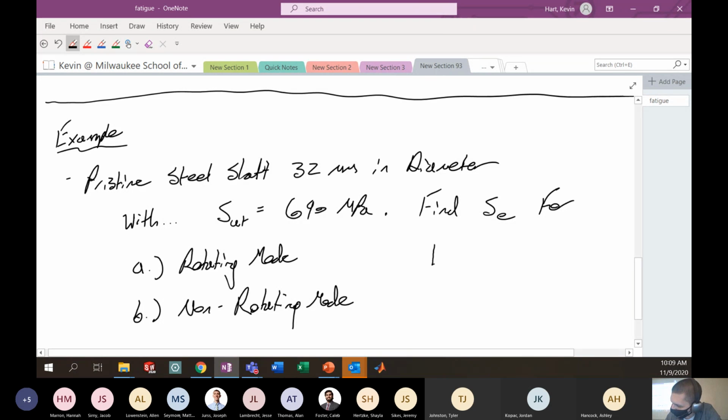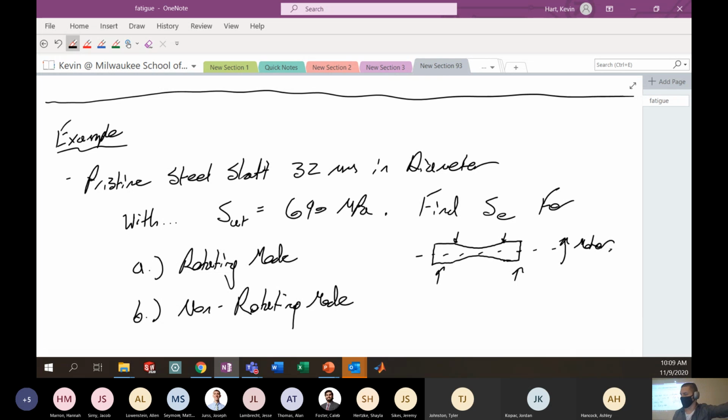The rotating mode is something like this, where we put this guy into 4-point bend. And this is spinning with some motor. Okay, in this rotating mode, every single point on the outside of the cross-section is feeling the maximum tension and compression.